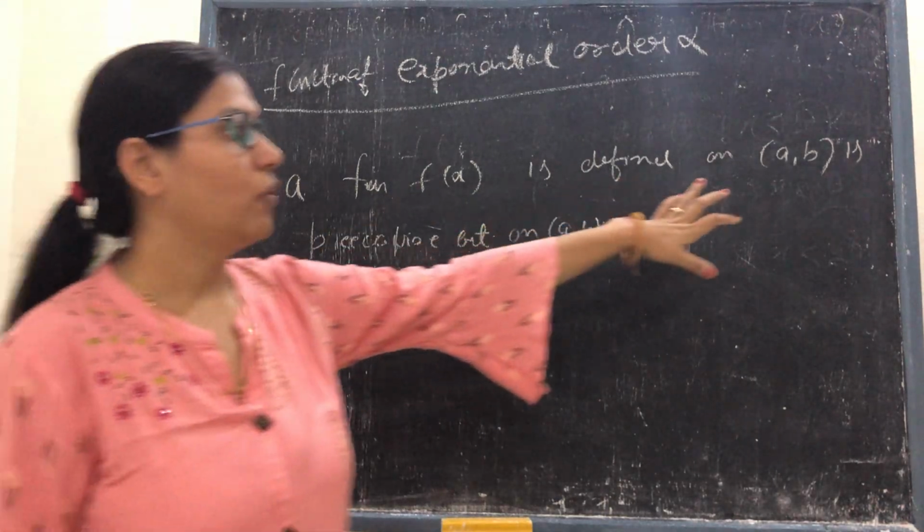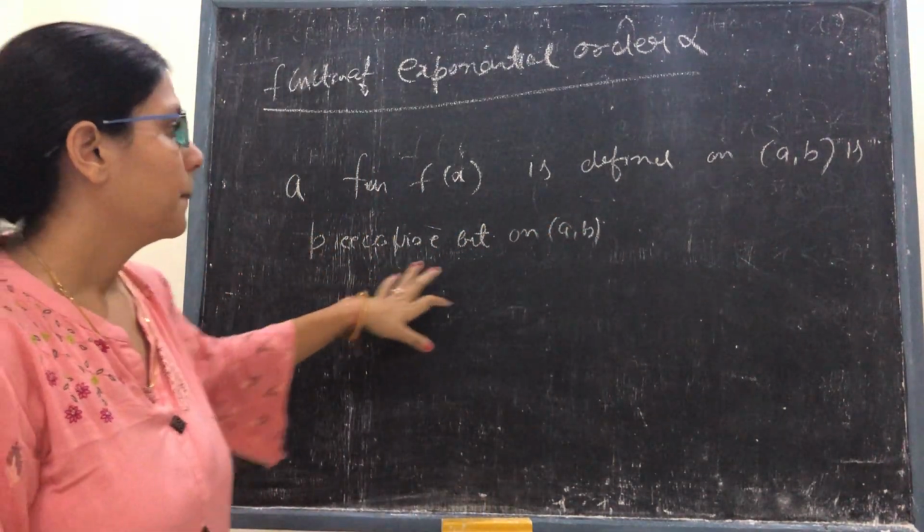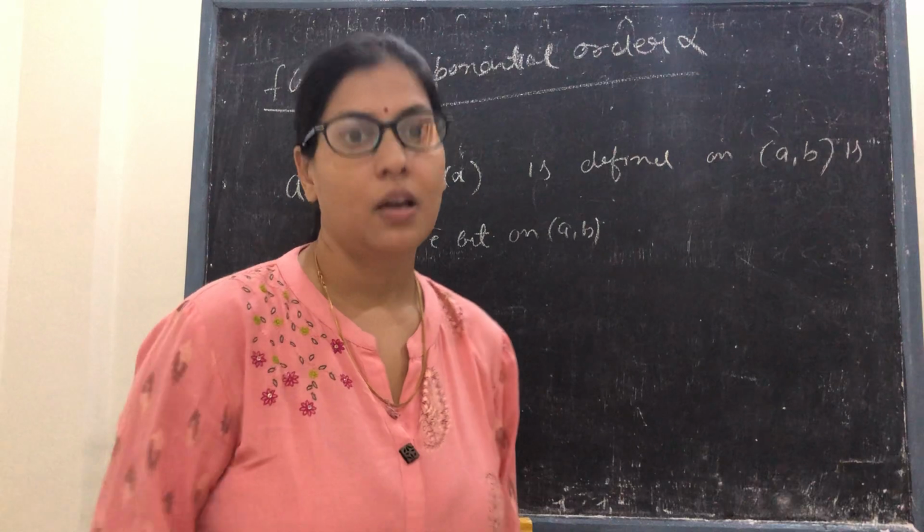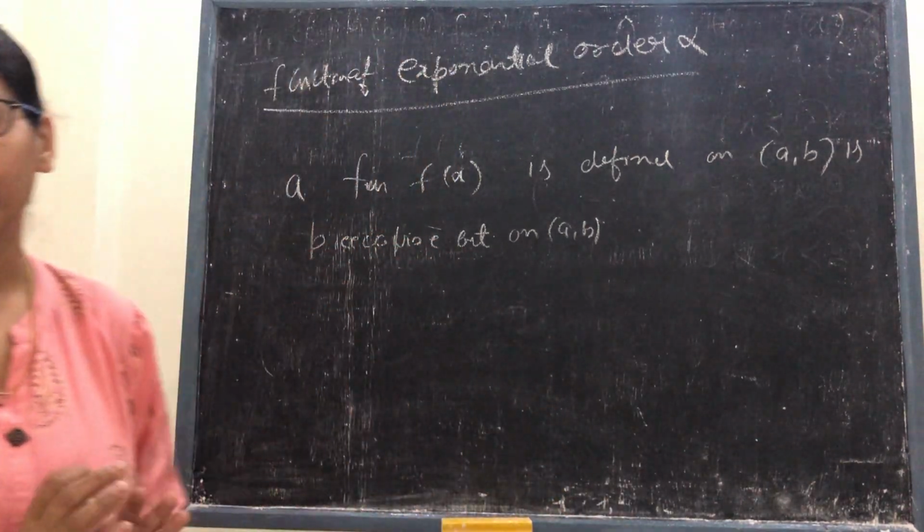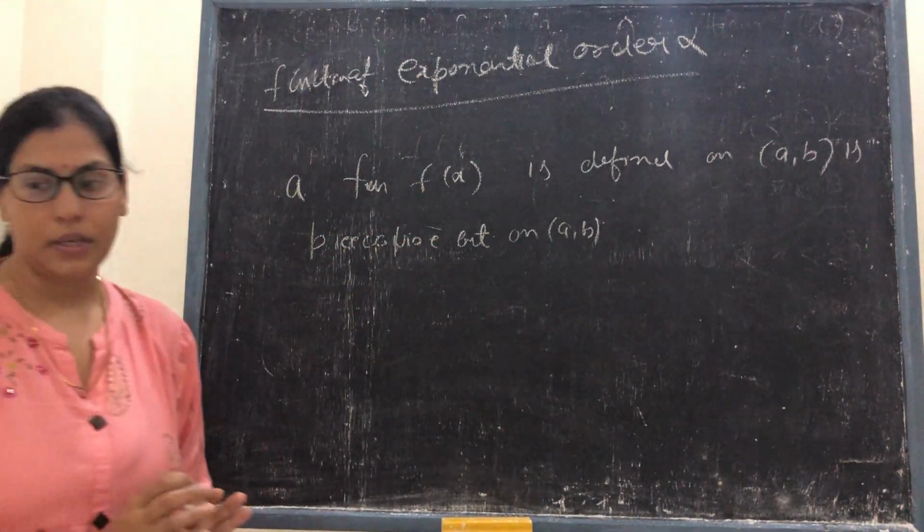Our function is defined on [a, b] and it is piecewise continuous on [a, b]. It is not continuous, it is piecewise continuous on [a, b].